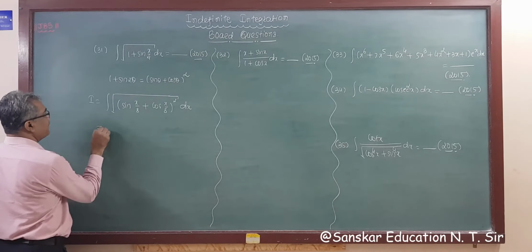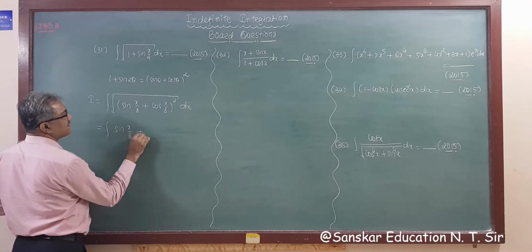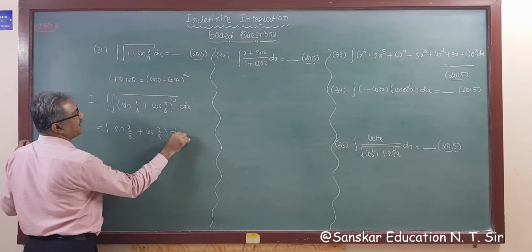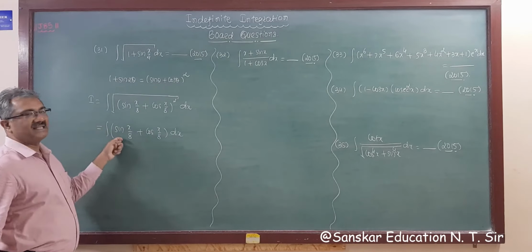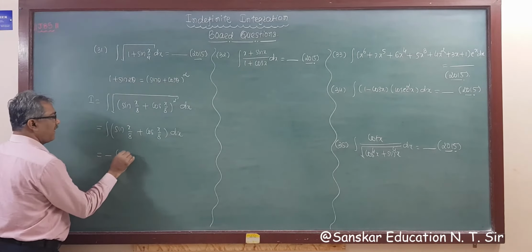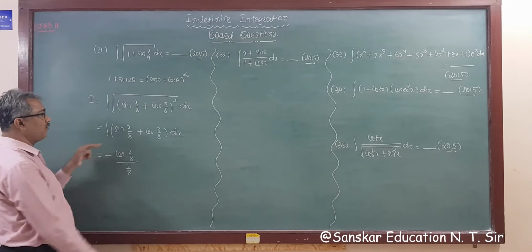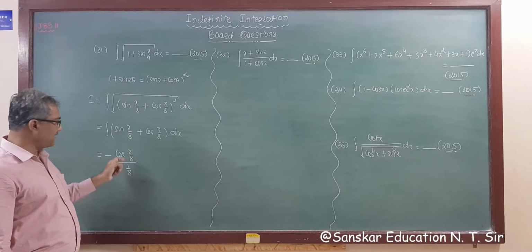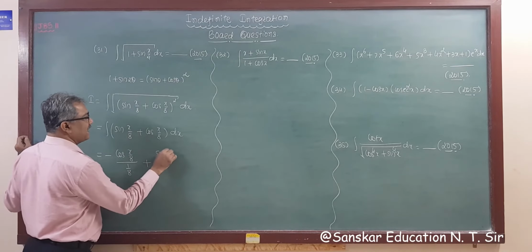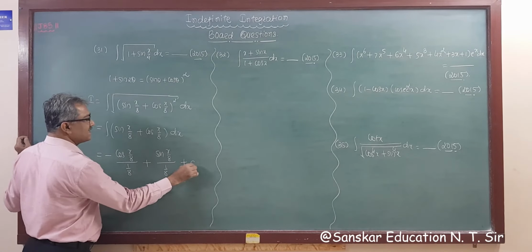So your answer will be integration of sine x by 8 plus cos x by 8 dx. Now the integration of sine is minus cos x by 8 upon 1 upon 8, divide by the coefficient of x, that is 1 upon 8, and plus the integration of this is sine x by 8 whole upon 1 upon 8 plus c.